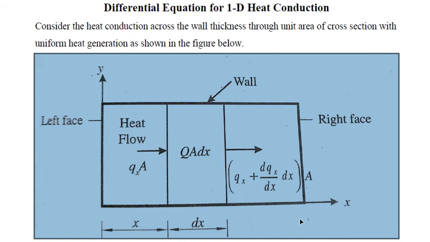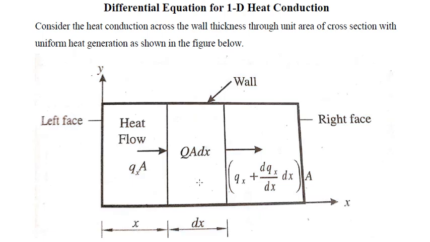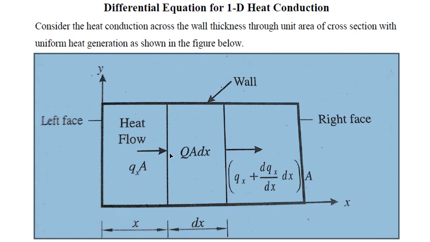Let qx be the heat flux flowing into that small elemental length, and due to the length dx, qx plus differential amount of qx be the amount of heat flux leaving that small elemental length of the wall dx.